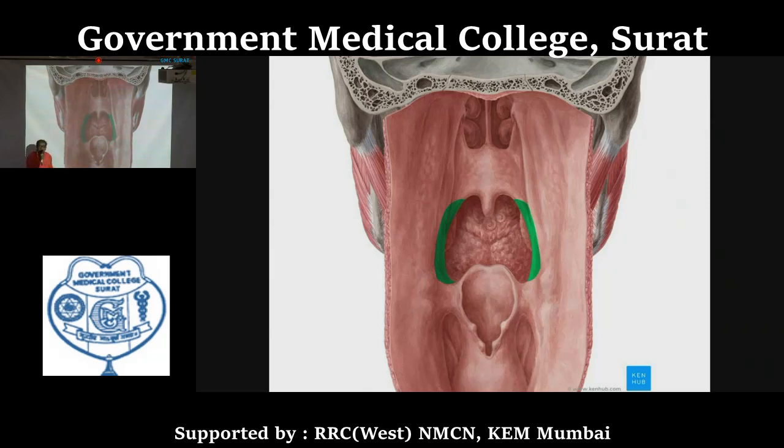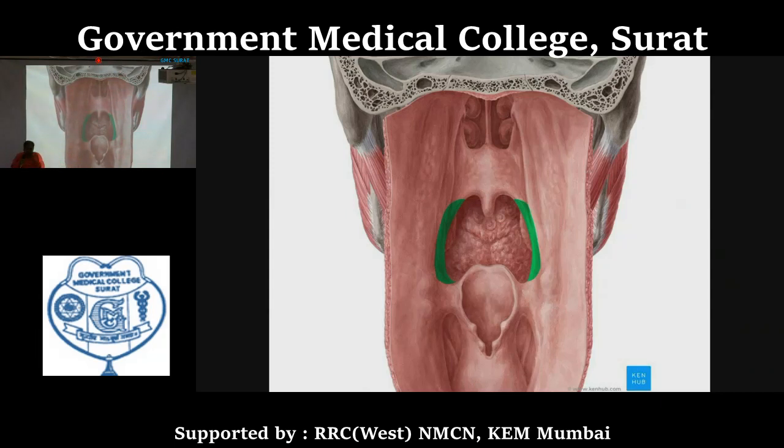Now I am going to explain the anterior wall of the laryngopharynx. Anteriorly it is bounded by the laryngeal inlet above. Below that it is bounded by certain cartilages of the larynx, the arytenoid cartilage and the cricoid cartilage. Here is the location where the arytenoid and cricoid cartilages are.